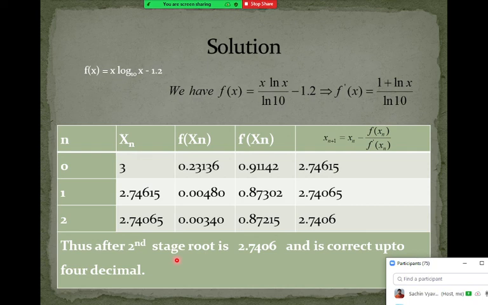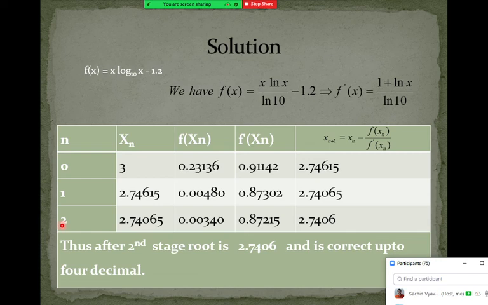Quickly, in a minimum number of iterations, we get a better root than the previous two methods. After the second iteration, this is the root correct up to 4 decimal places. In the final exam also, you can do a maximum of 2 iterations. That is enough there. Got it?